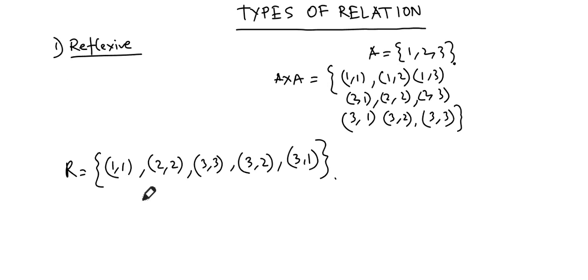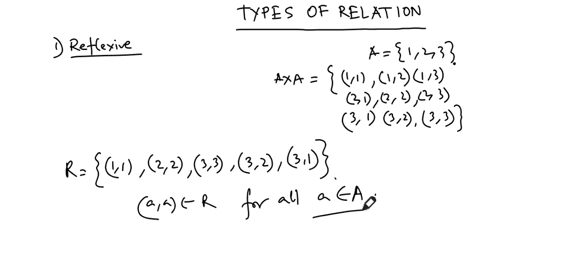So formally we may define it as (a, a) belongs to R for all a belonging to A. For all a belonging to A means for every element of A: (1,1) is here, (2,2) is here, (3,3) is here.